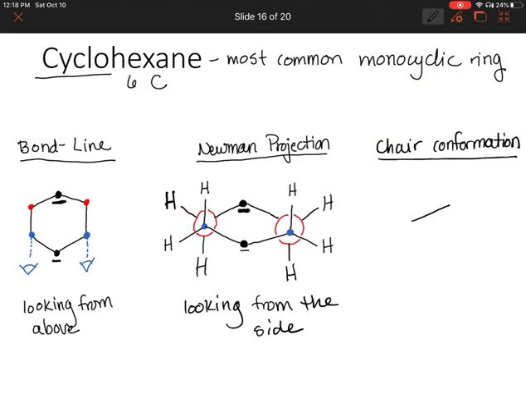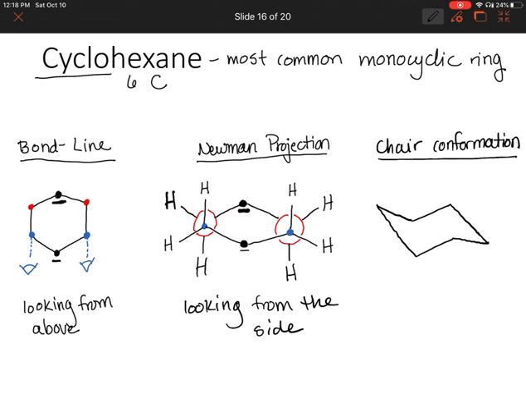But you start with two parallel lines. That's the better way to do it. And then you draw a little triangle kind of connecting those two lines. And that triangle will point down on the right, at least for this drawing. And then you'll draw another triangle kind of going up to the left. Okay, so then we have to draw all the hydrogens.